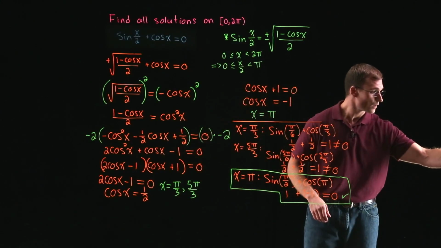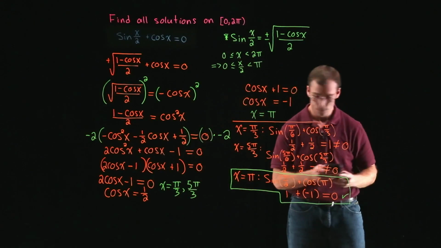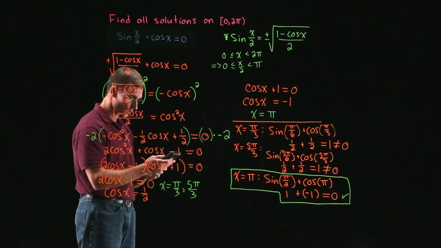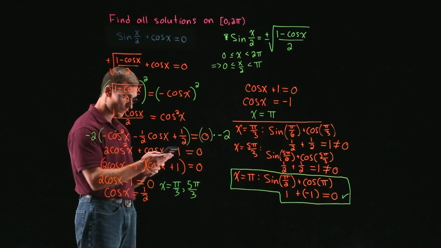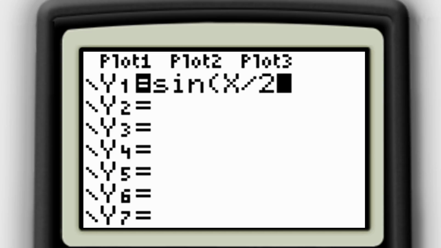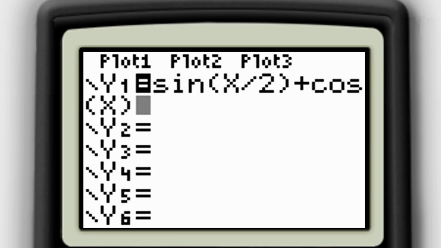So now what we want to do is graph our equation and try to confirm the result that we just got. So with our graphing utility, let's go into our equation editor, and for y equals, we're going to type in the left-hand side of our equation, so sine of x over 2 plus cosine of x. And let's go into our window.